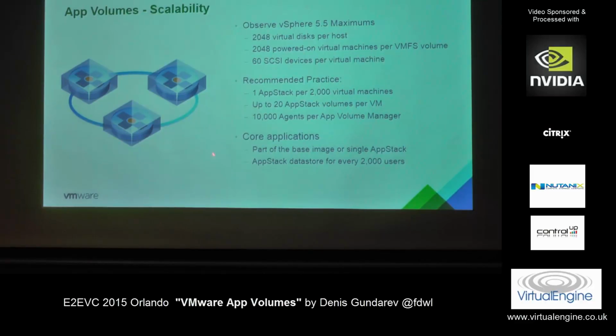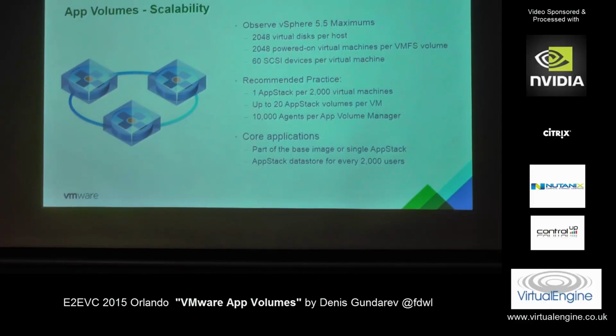When we talk about one AppStack per 2,000 machines, we talk about one VMDK. If you create a storage group, and within this storage group your AppStacks are replicated, you will have multiple VMDK files in different storages. You can assign the same application, the same AppStack, to more than 2,000 virtual machines.